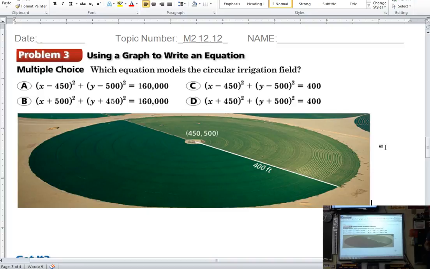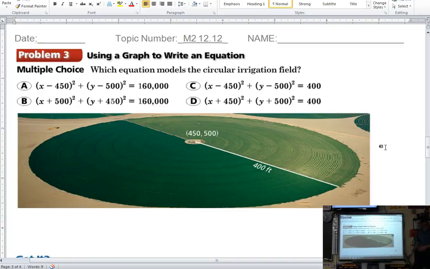Which makes sense, because if your property edge is at 0, 0, you probably want a little bit of space. Sometimes we have circular fields because of the type of equipment that we have, that sometimes they run in circles. My grandpa's fields are all square because of the equipment that you guys have.